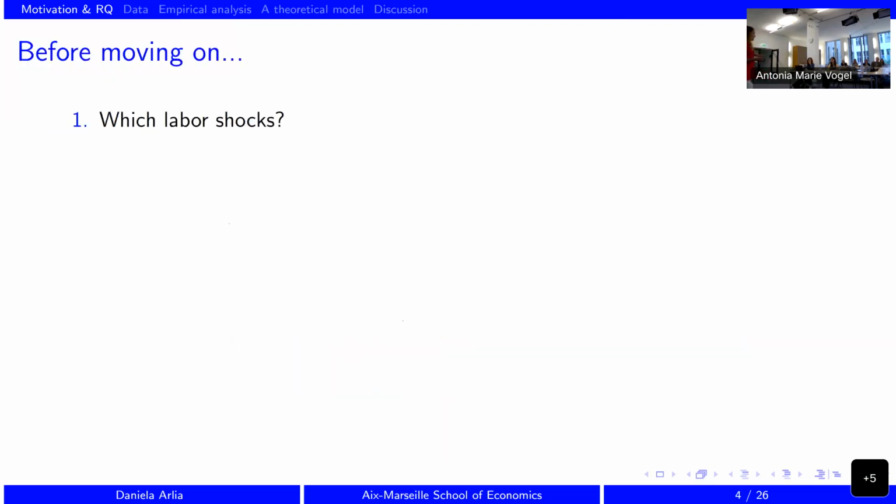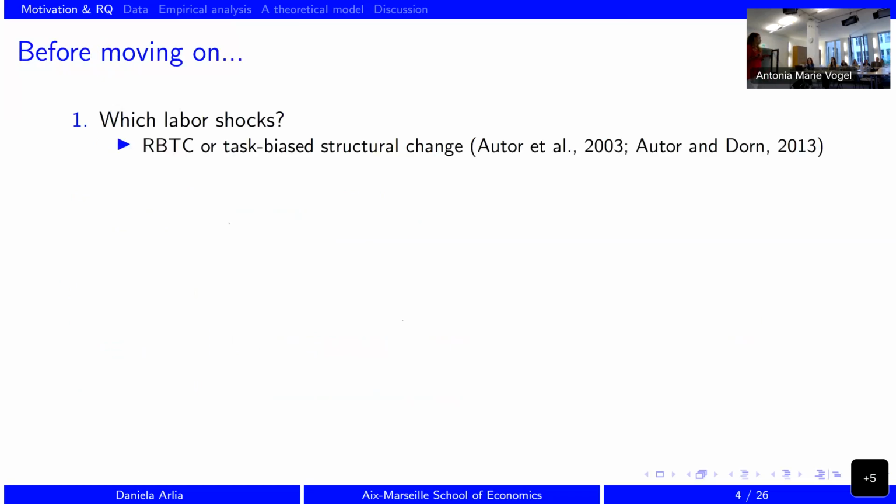Before moving on, I want to specify which type of labor shocks I'm going to look at, and which type of local markets I'm going to use as reference. As labor shocks, I'm using the concept of routine-biased technological change, or task-biased structural change, as formalized by the labor economics literature by Autor and co-authors.